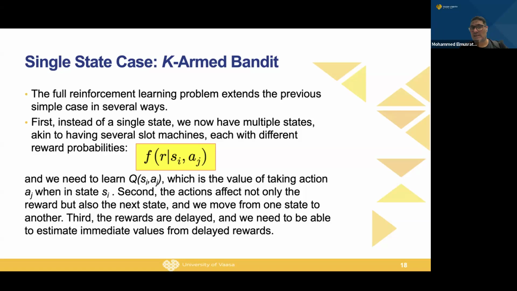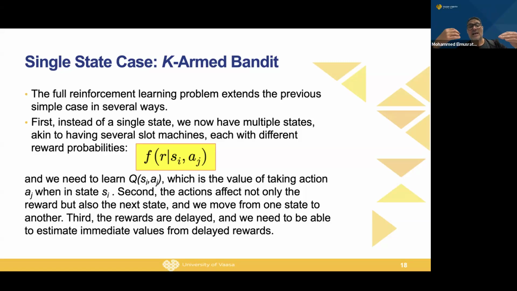Now we have multiple states. So by taking the action, you move from state to state, and then it will affect your reward as well. And this is represented by Q of S_I and A_J. So actually, this could be represented as a matrix. It is called the Q matrix.